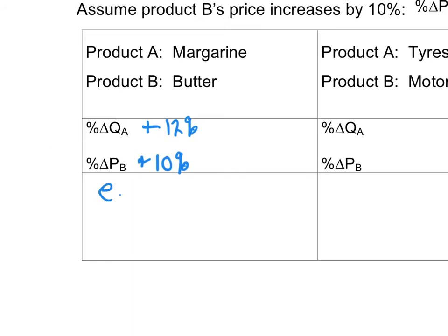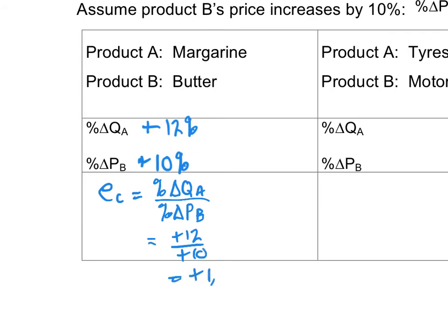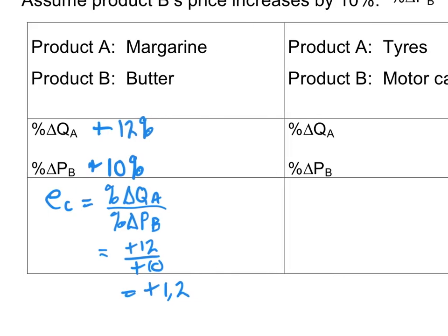The cross-elasticity coefficient is equal to the percentage change in the quantity of A divided by the percentage change in the price of B. So in this case we have plus 12 divided by plus 10, which gives us a value of plus 1,2. So remember that it's customary, if a number is positive, to leave out the plus sign in front of it. If there's no sign in front of the number, it is assumed to be positive anyway.